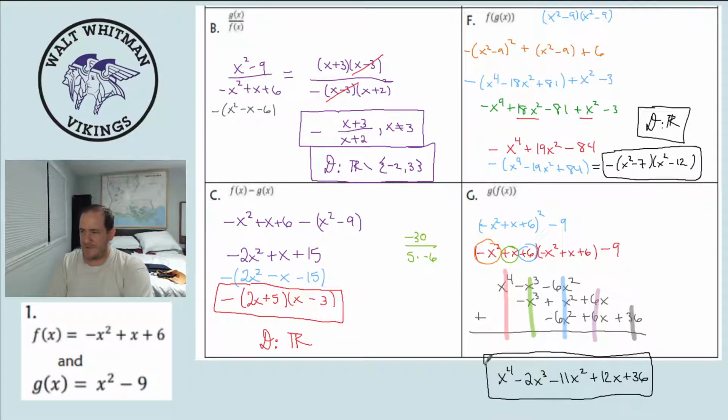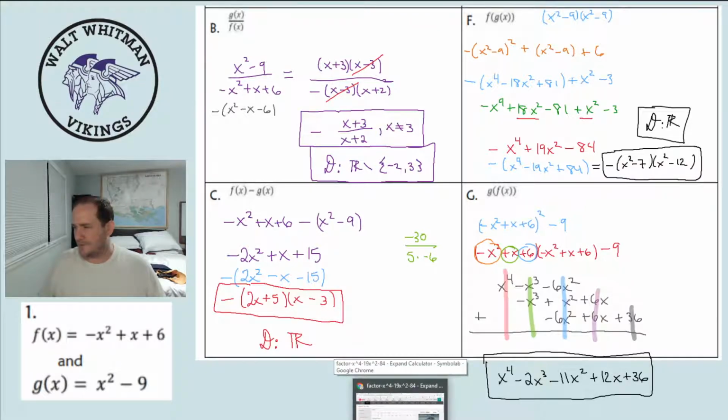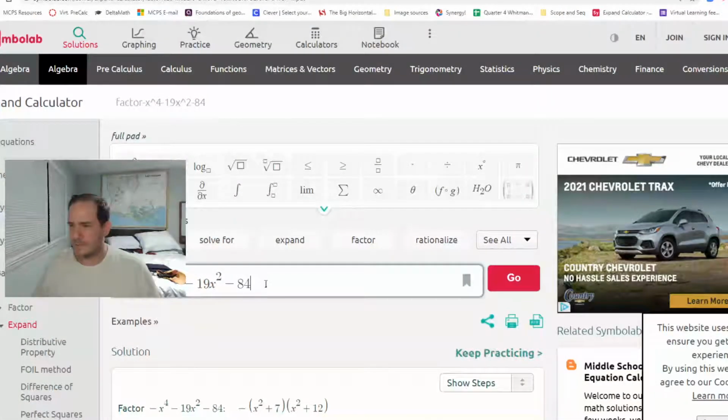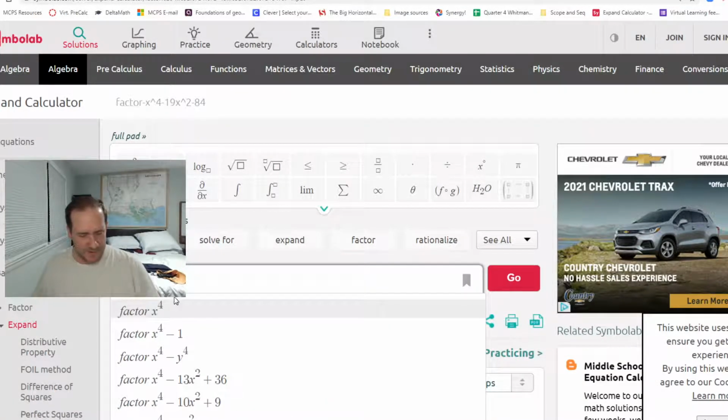So, can that be factored? Maybe. Do I want to? No. Should we anyway? Maybe. Go back to your computer algebra system. X to the 4th minus 2x cubed. No leading negative this time, right?